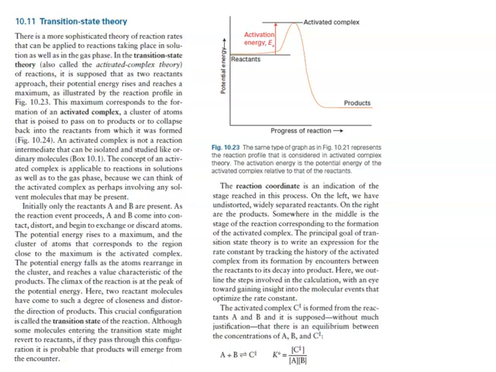In the transition state theory, also called the activated complex theory of reaction, it's supposed that as two reactants approach, their potential energy rises and reaches a maximum as illustrated in the reaction profile in figure 10.23 to the right. This maximum corresponds to the formation of an activated complex, a cluster of atoms that is poised to pass on to products or to collapse back to reactants from which it was formed.